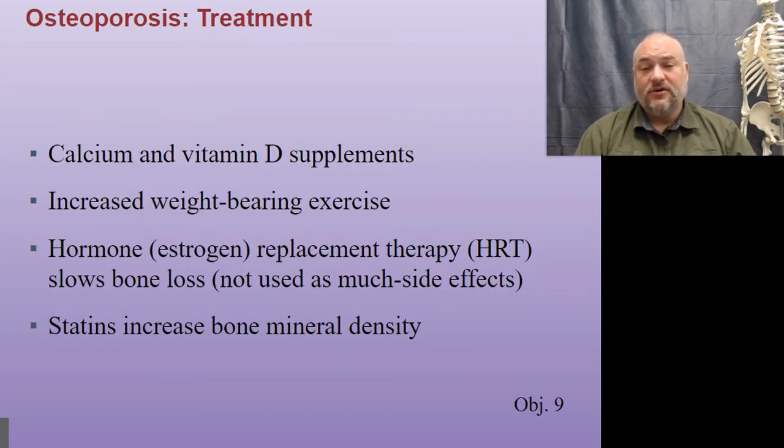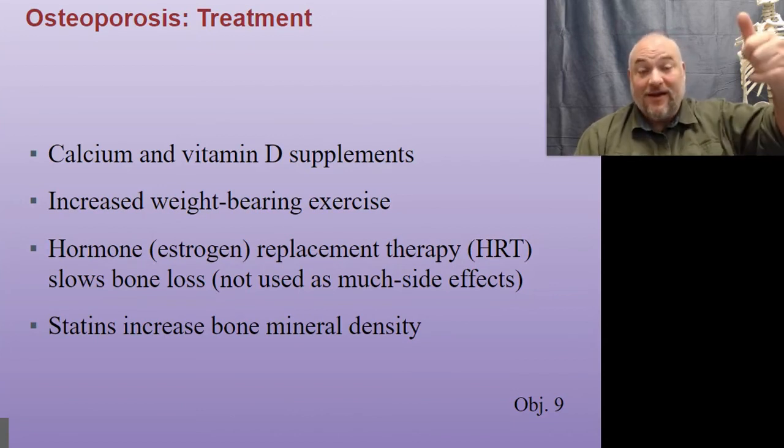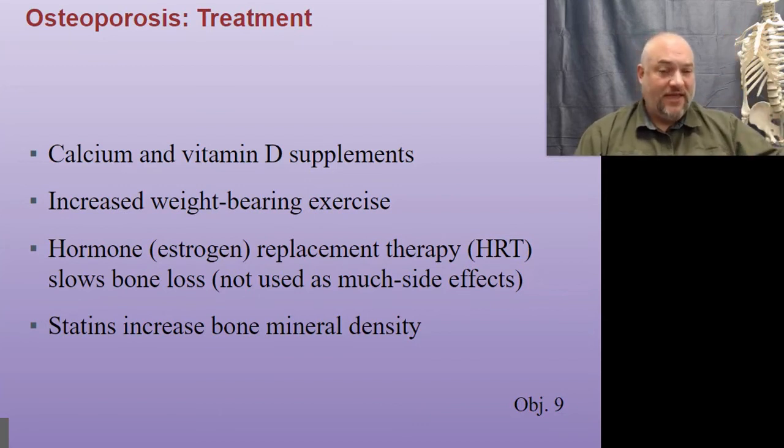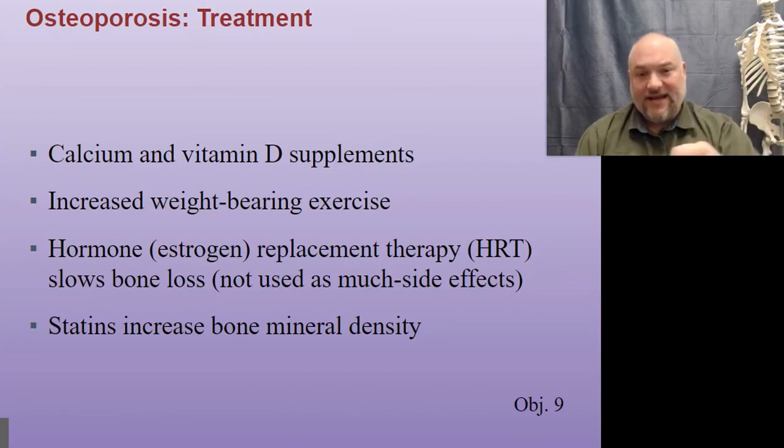Well, the first two, basically adding calcium and vitamin D to your diet and increased weight-bearing exercises, right there, we are trying to force those negative feedback loops in the direction we want. So by taking in more calcium and vitamin D, we're upping our calcium levels in our blood, causing our thyroid to release more calcitonin, so that we try to pull that extra calcium out of our blood and stick it into our bones.